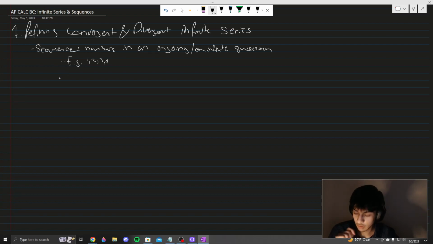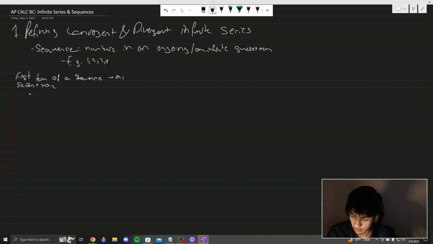So we can denote terms in a sequence with a subscript. The first term of a sequence can be denoted by, let's say, a sub 1. Okay? And the second term of a sequence would obviously be a sub 2.